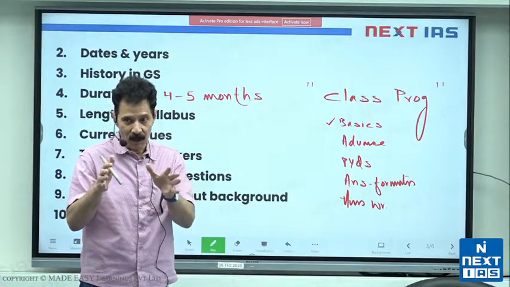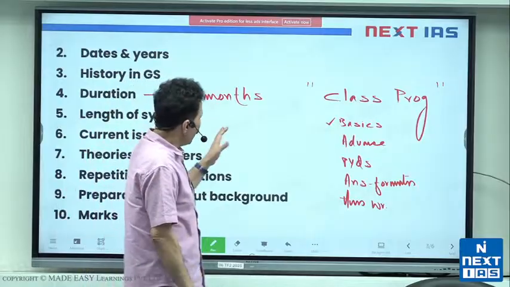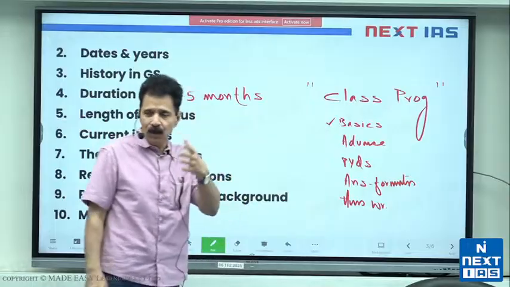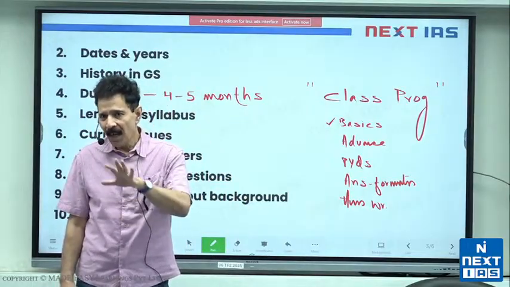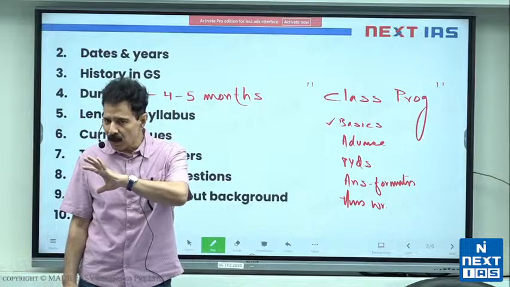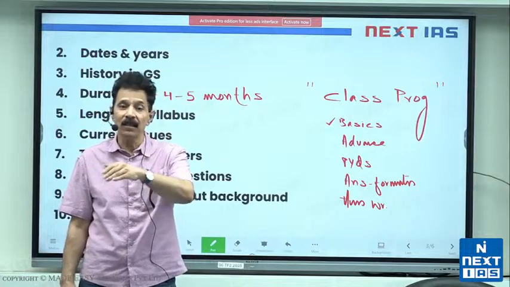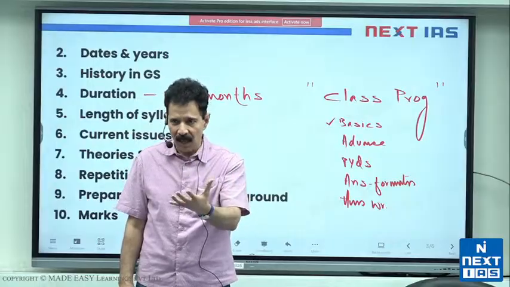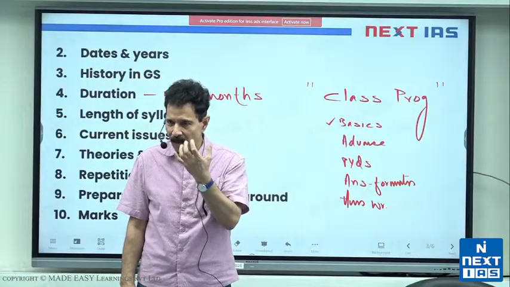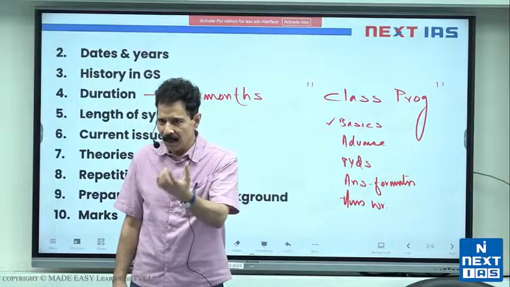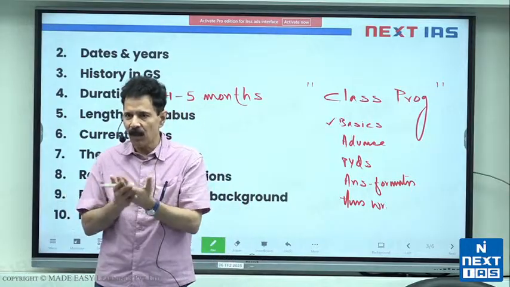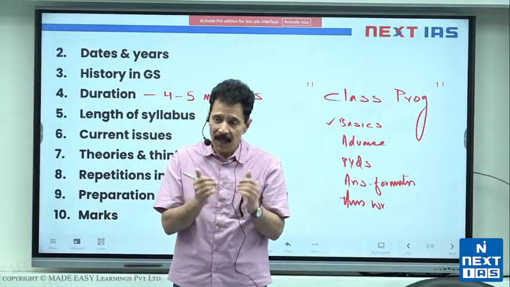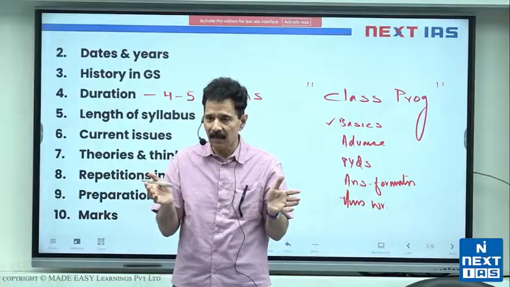And that's why I have just now said that by the time the course is over, I ensure that all of you are in a position to answer almost all the questions that have occurred in past year exams. Any question before you, you understand, you are comfortable, and you have an answer. Given a chance to revise, you will write a good answer. This means by the time the course is over, I ensure that all of you are expert in answer writing.